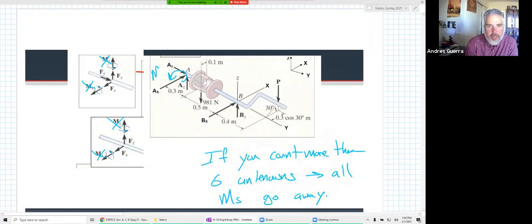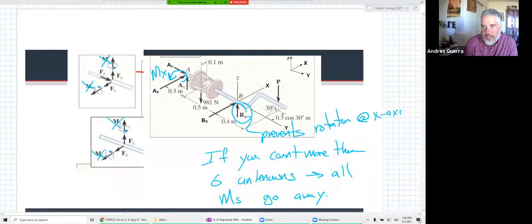There was this MX right here. But I don't need that MX because BZ prevents rotation about the x-axis. And so I don't need those moments anymore for stability.